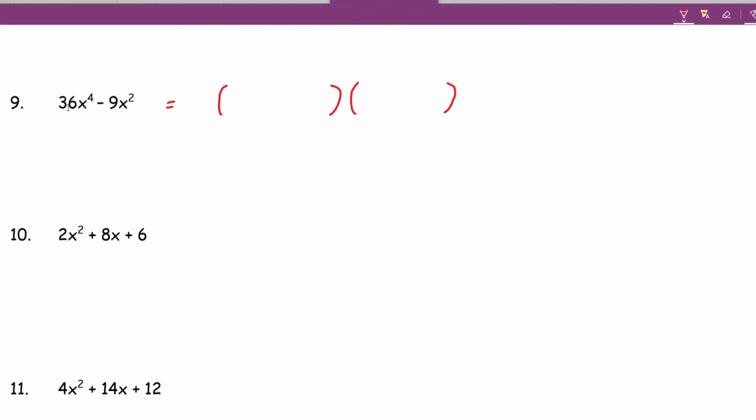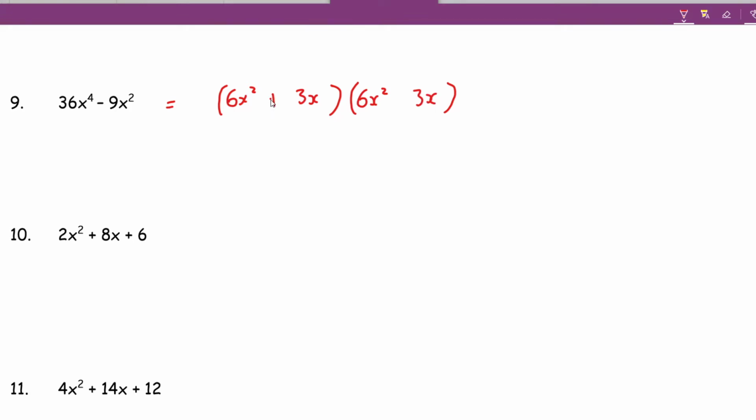We've got the square root of 36 is 6, the square root of x to the power 4 is x squared, so we've got 6x squared in each corner. 6 times 6 is 36, x squared times x squared is x to the power 4. The square root of 9 is 3, and the square root of x squared is x, so we've got 3x in each corner.